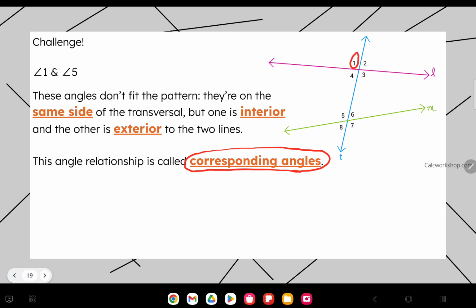So here we have angle 1 and angle 5. If we look at our street, corresponding angles are on the same side of the street, but in this case, angle 1 is outside of the house, and angle 5 is inside of the house.